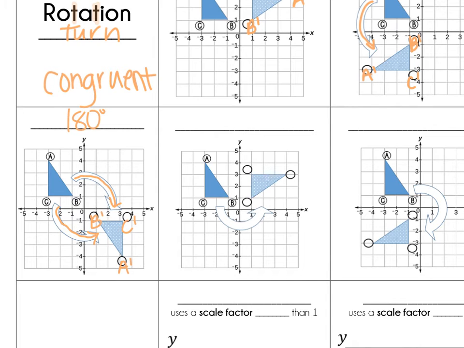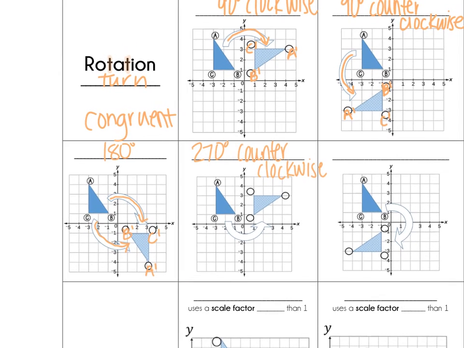The next one is 270 degrees counterclockwise. I don't know if you notice, but look at the image above. 270 degrees counterclockwise and 90 degrees clockwise gives you the same image.